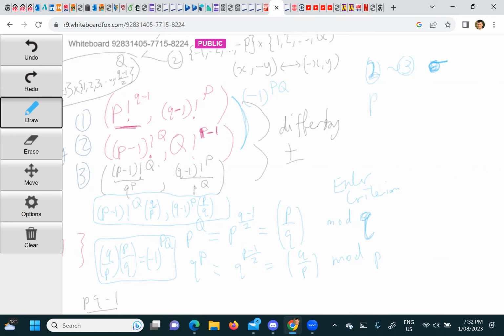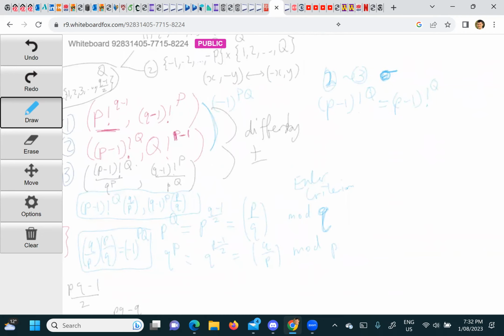So 2 is p minus 1 factorial. And if you're equating the pairs, you just equate the entries. So the first thing is p minus 1 factorial to the power of capital Q equals p minus 1 factorial, it cancels, to the power of capital Q, times the Legendre symbol Q over p.